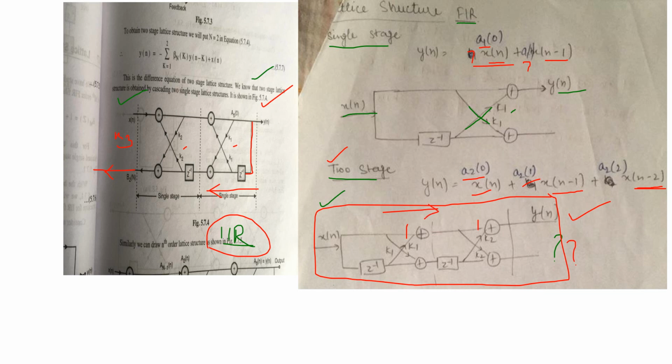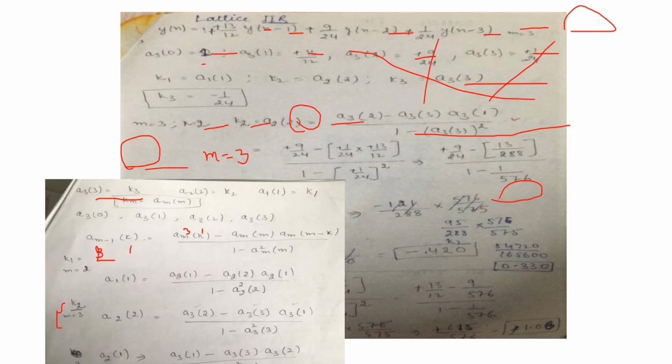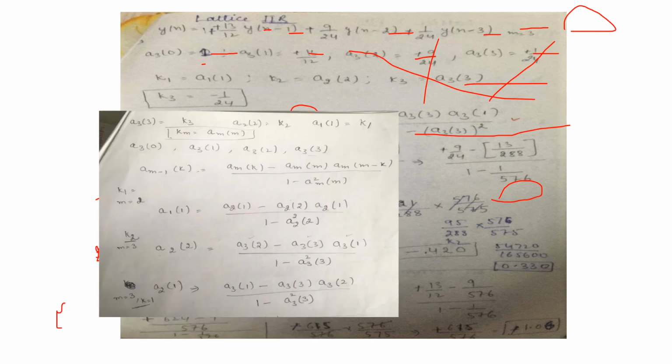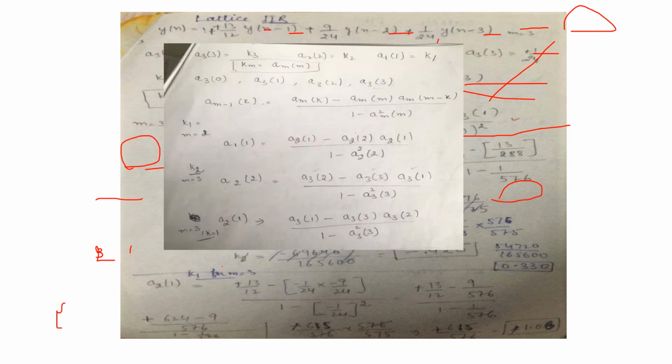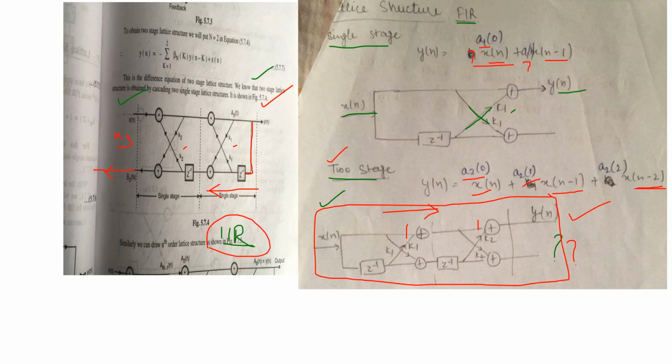Simple, you have to calculate the values of K1 and K2 based on these formulas. Based on these formulas some constant values are given. Based on the order of the filter you have to calculate K1, K2 and K3. Then you simply draw the diagram for IIR and for FIR filter.